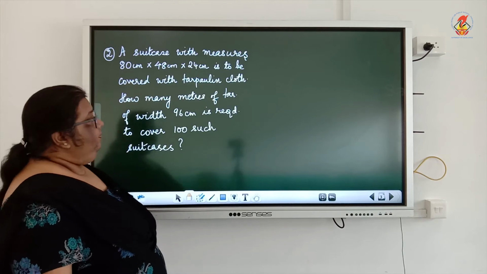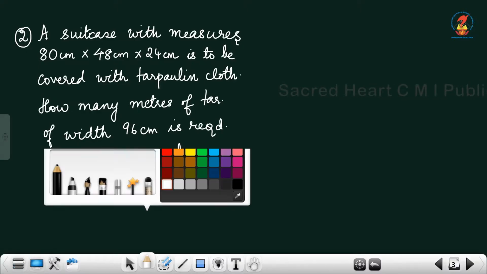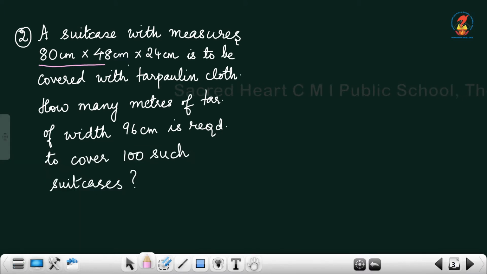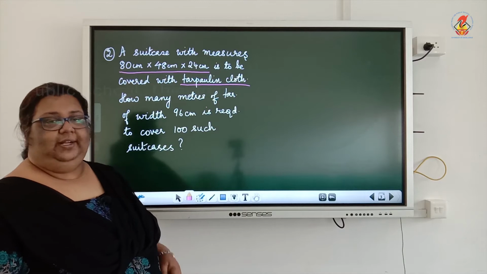Second question. A suitcase with measures 80 centimeter by 48 centimeter by 24 centimeter is to be covered with a tarpaulin cloth. Suitcase, children, think of a suitcase. The shape is a cuboidal shape.